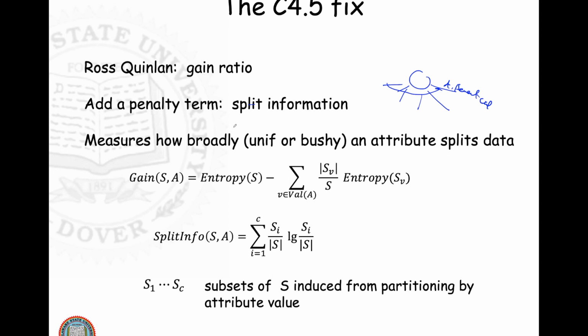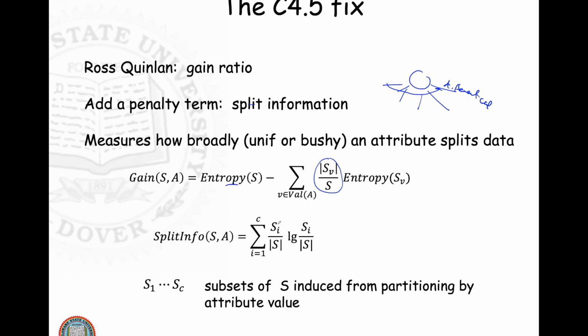So here is information gain, and this information gain, as before, is the original entropy minus the expected entropy across all of the different values inducing splits. And then we have this other quantity called the split information. The split information for a particular set of instances and attribute is this expected log probability.